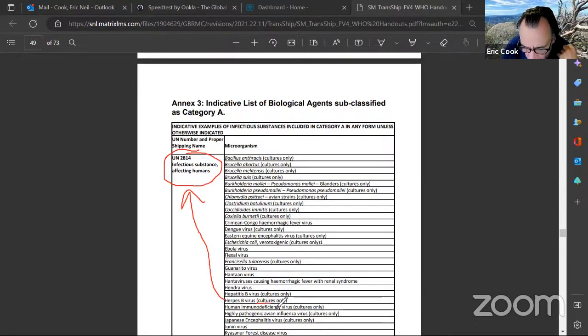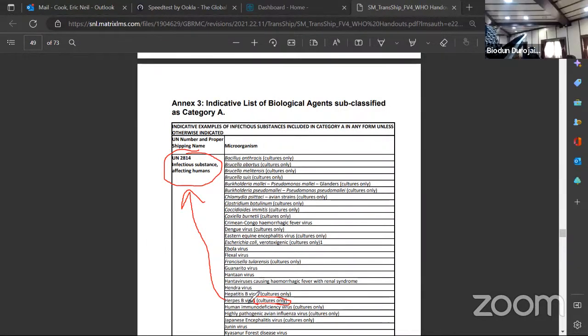Now, it does say cultures only. And in your case, these were not cultures, they were swabs, right? Swabs in viral transport medium.